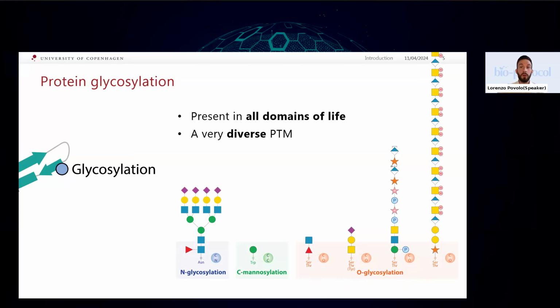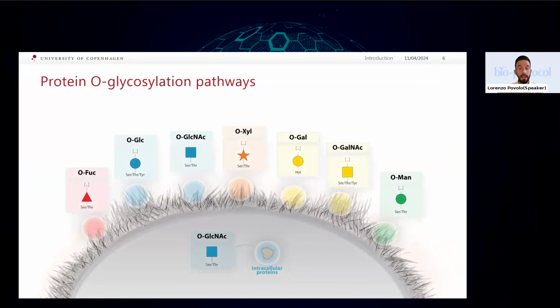If we look at the protein glycosylation pathways found in a single human cell, and the types of O-glycosylation pathways, we can see that there is already quite a biodiversity at the first monosaccharide that is conjugated to the protein backbone.